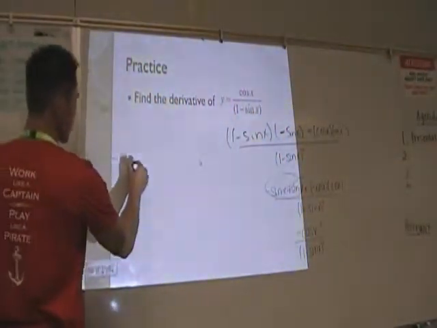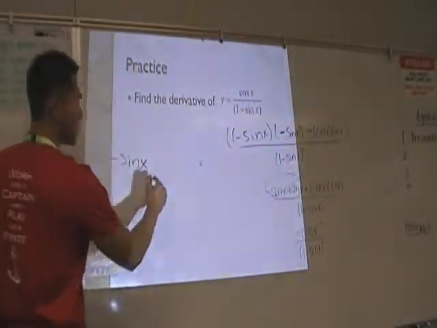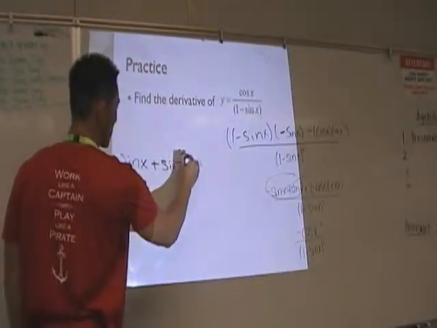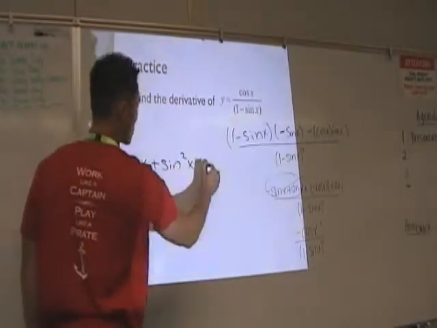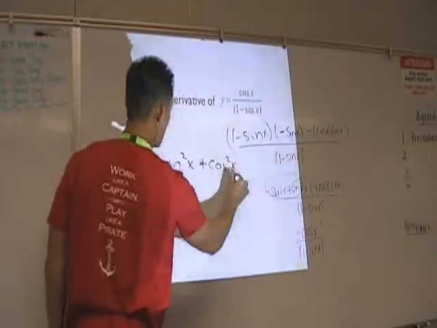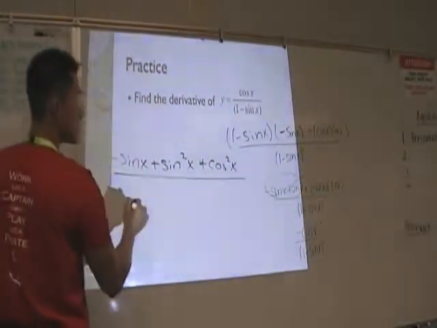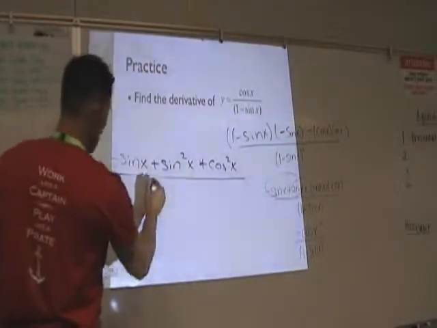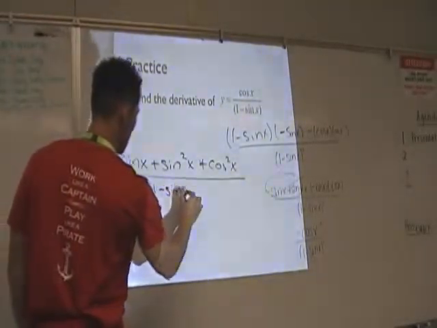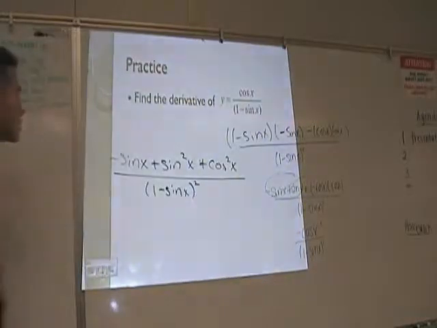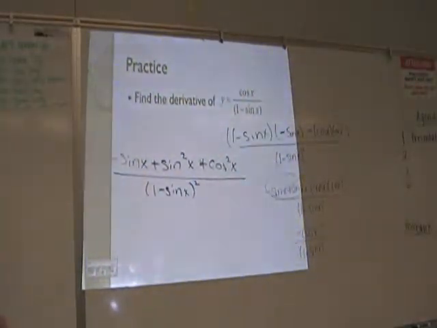You said negative sine of x, listen up, plus sine squared x, plus cosine squared x. It's plus, because it's two negatives.